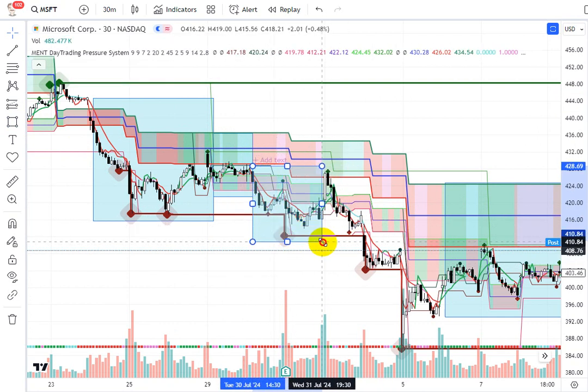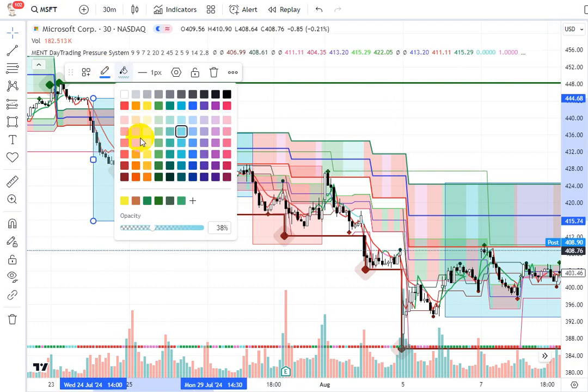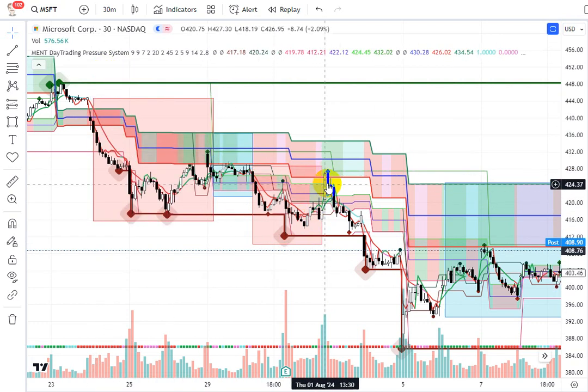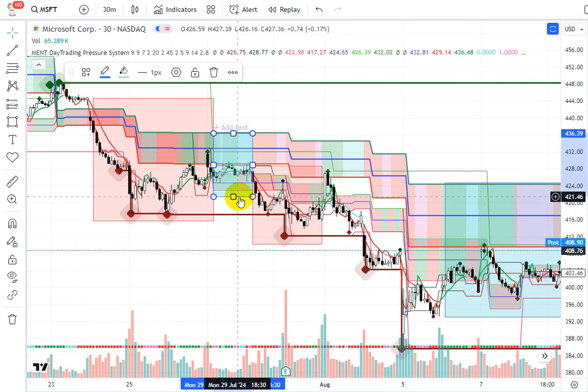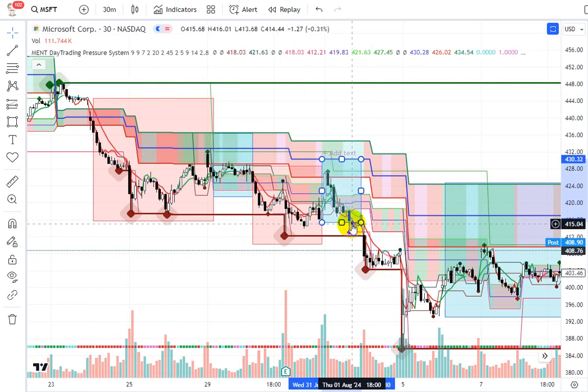And you can see as long as we stay below these levels, we're in bearish trending. And then we get back a little bit into neutral trending here. That means we've got to be cautious.